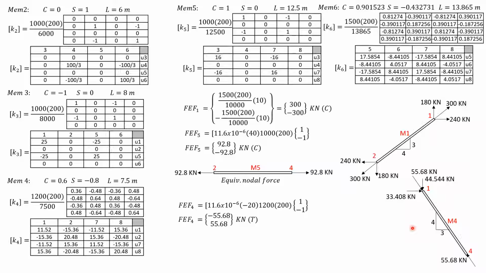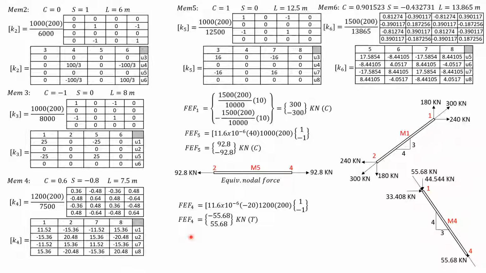So we now compute the equivalent global forces at nodes 1 and 2 only because the rest are fixed, cannot move. And if you look at the truss, there are only 3 degrees of freedom, 2 at node 1 and 1 at node 2. Horizontal only, the vertical is constrained not to move.